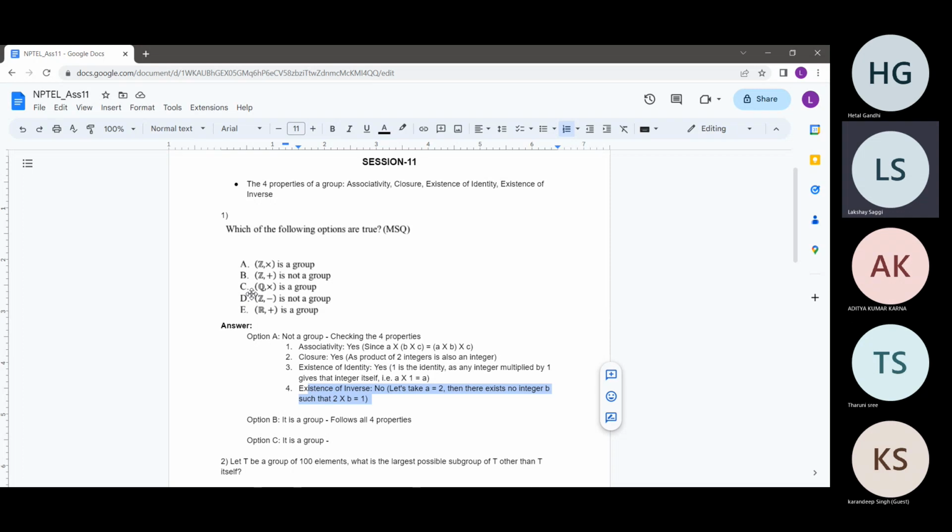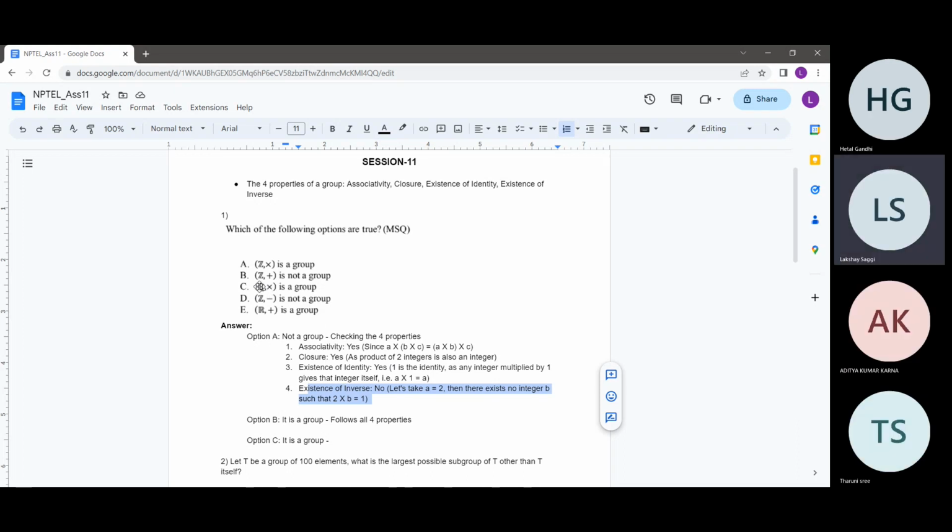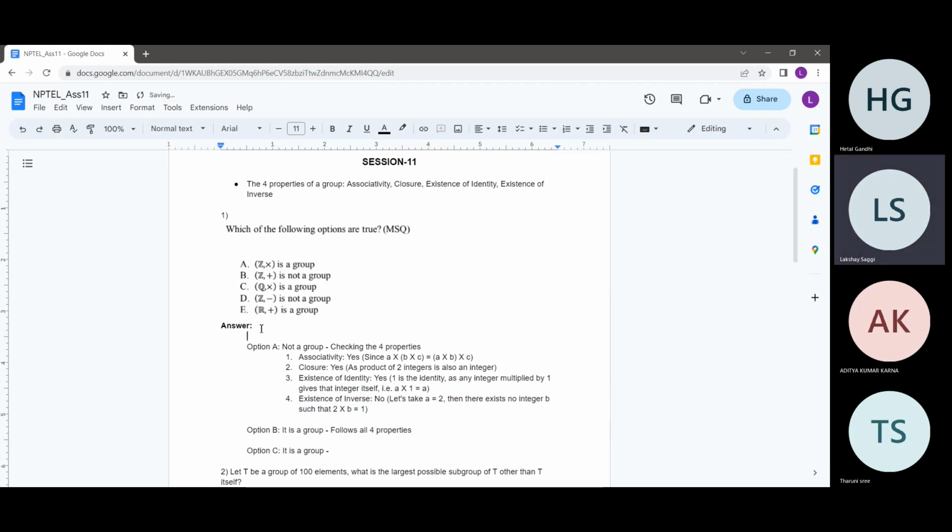I think in this Q comma multiplication, I should not be including the number 0. Only then will it be a group, right? Because for the number 0, like 0 is also a rational number, right? But 0 does not have any inverse. So you should correct it, instead let's take in option C, take it as Q minus 0.